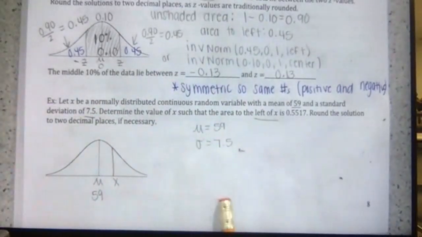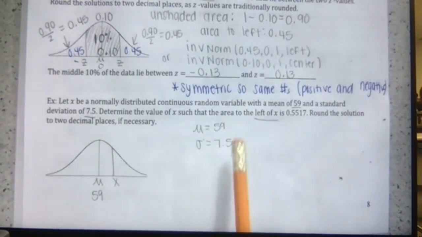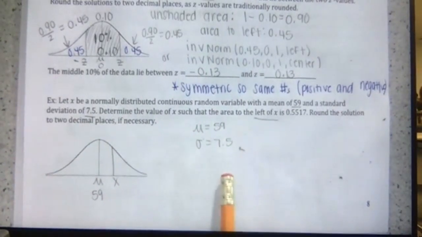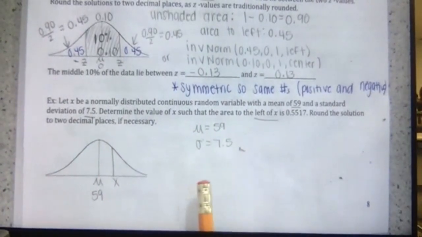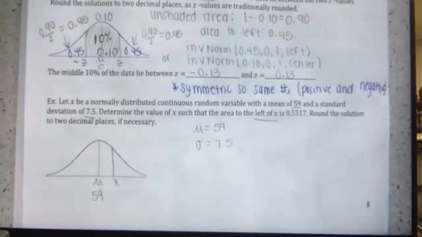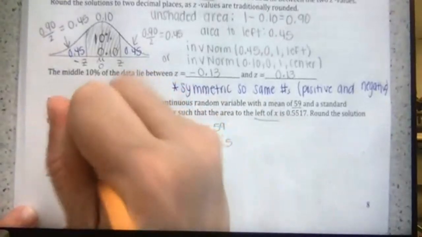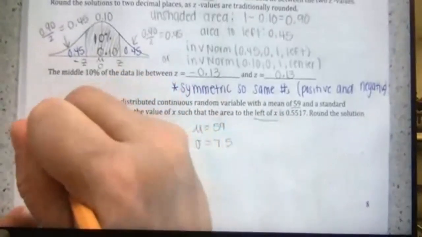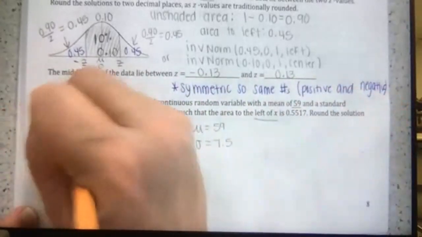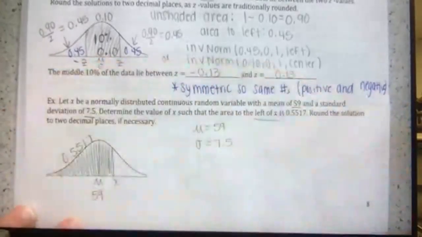The reason why this one's weird is because notice I have a mean and I have a standard deviation. So we're using x. It's not standard normal anymore. Same thing, and area to the left is 0.5517.